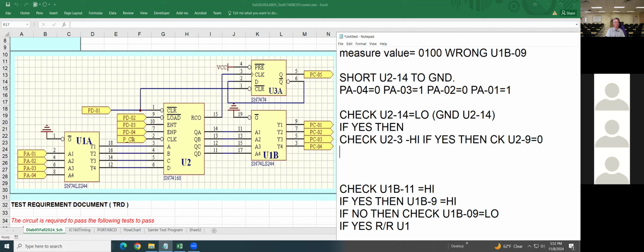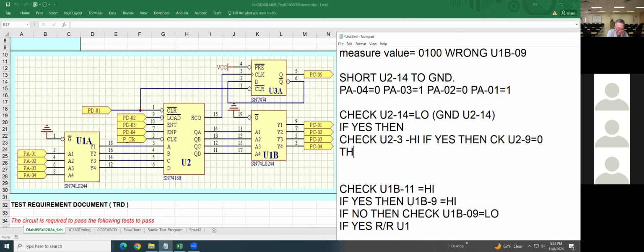Clear. Oh, you want to check the clock. Okay. Did I say asking for clock, right? Correct. Okay. So also, then pin 9 is 0.